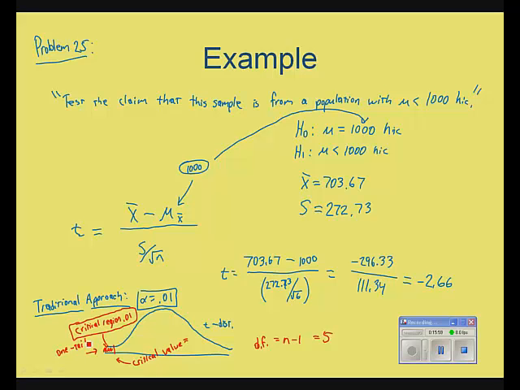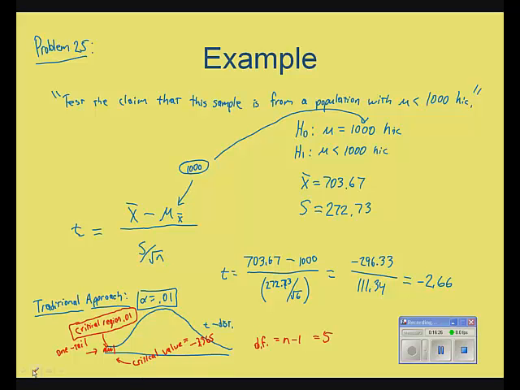Okay, one-tail test, and I want 0.01, so what column should I be looking at? Second column, let's go down degrees of freedom. We want 5. So the critical value is, I'm going to put a negative there, 3.365, right? And there's the critical value.